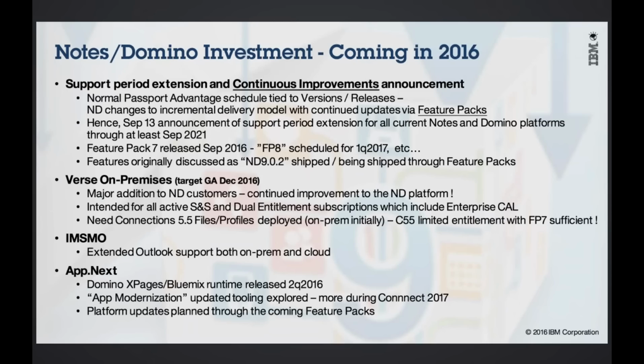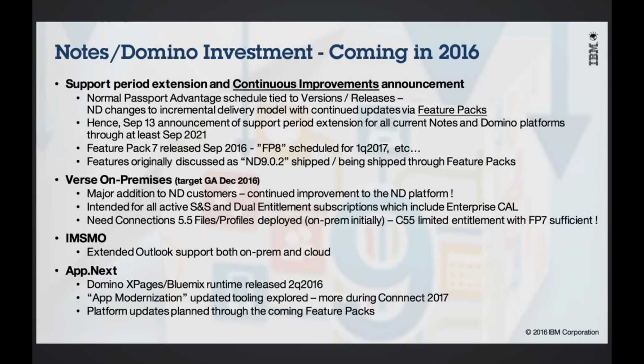We're scheduling Feature Pack 8 for the first quarter next year and so forth. You will see the roadmap for that a little later. A lot of the features that we have discussed and publicized earlier as a Notes Domino 9.0.2 release, some of them have been shipped already. We'll show you that, and some will be shipped through feature packs. We will discuss what that roadmap looks like and how we get that to market.